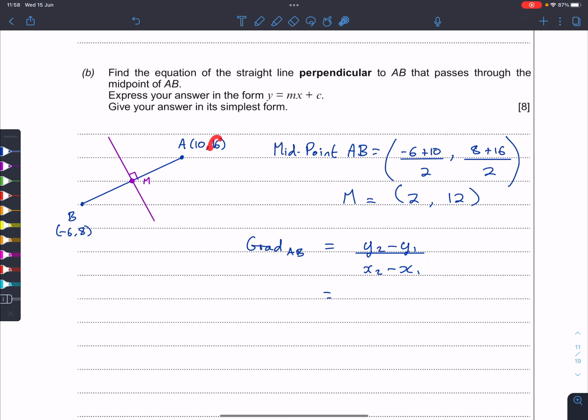If I make this one y1, then that one is automatically x1. If I make it y2, then that one's automatically x2. So I'm going to make that 16 y2. So I get 16 take away 8, over, x2 is 10, take away negative 6.